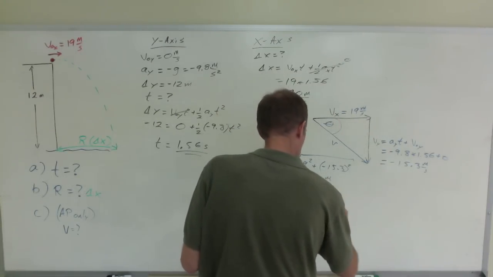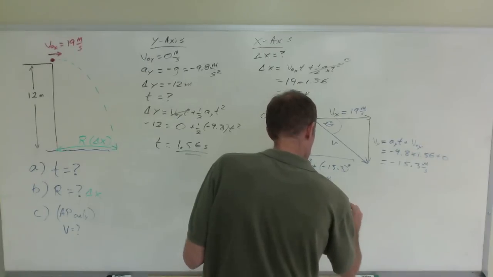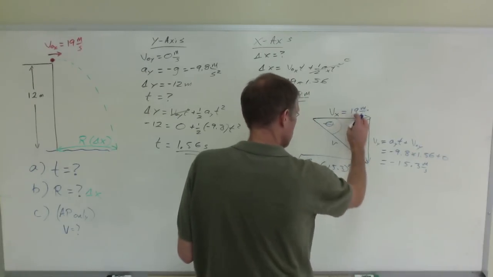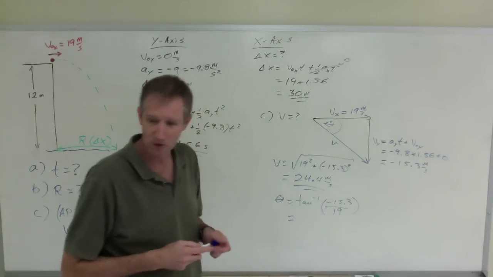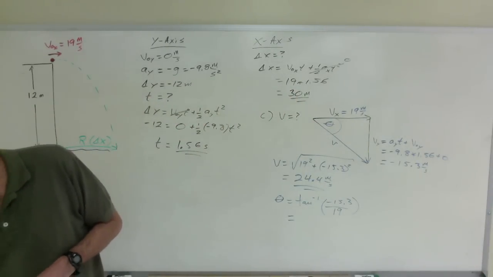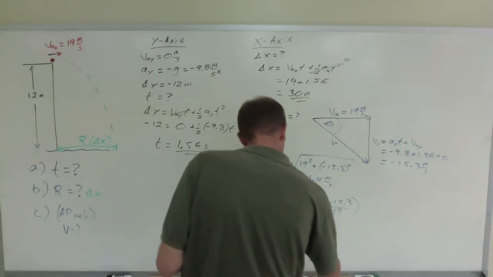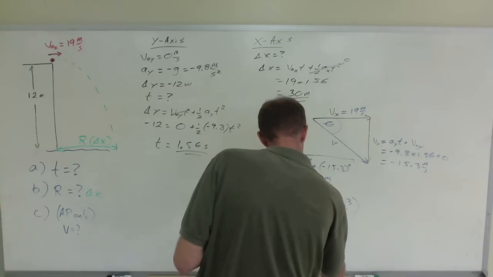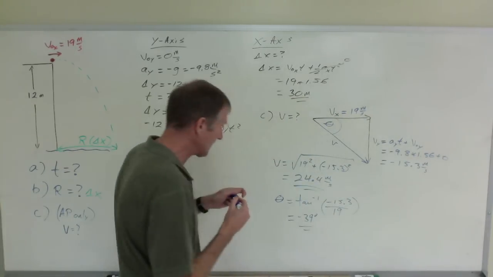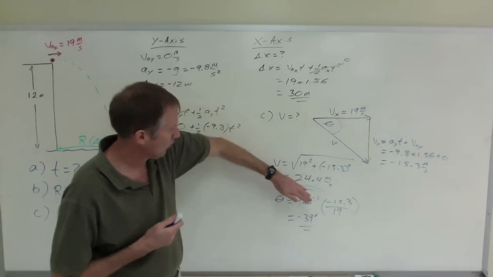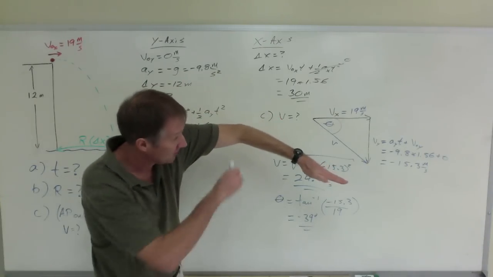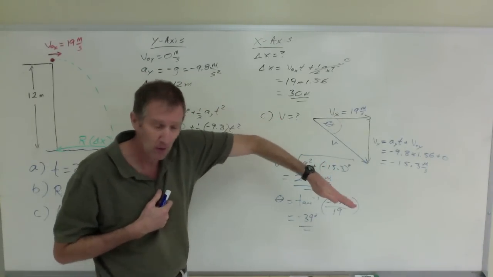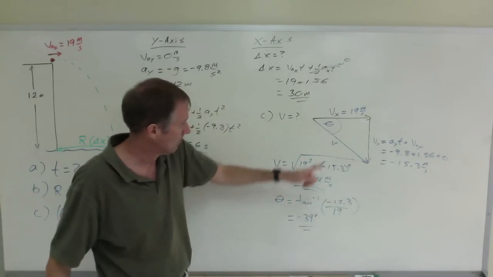So in this case, it's negative 15.3 all over the adjacent side of 19. Be sure that you're in degree mode when you do this. And that comes out to be negative 39 degrees. So this thing hits the ground, traveling at 24.4 meters per second, angled down at 39 degrees below the horizontal, measured to the horizontal. Okay, that angle right there.